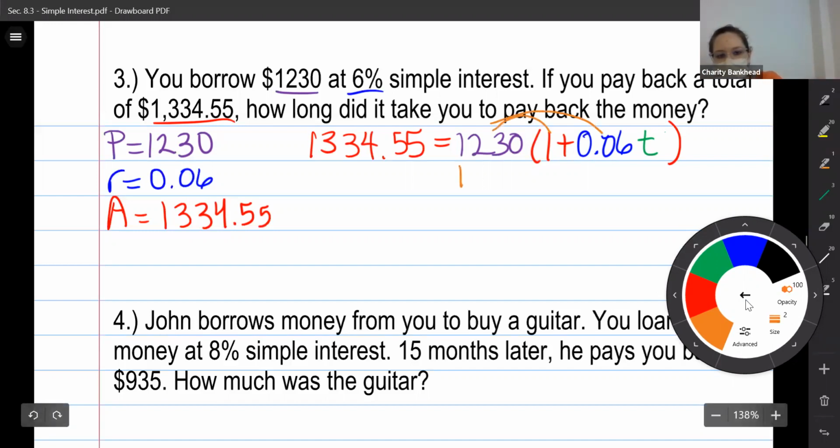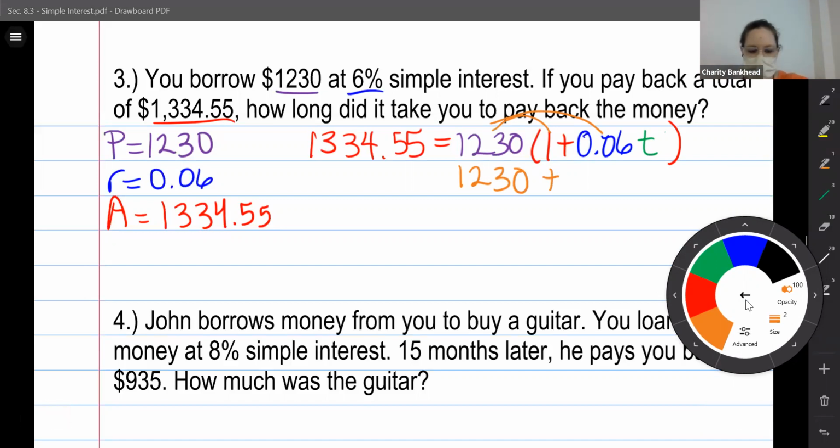So 1230 times 1 is 1230. And then 1230 times 0.06 is 7380 or 73.8.